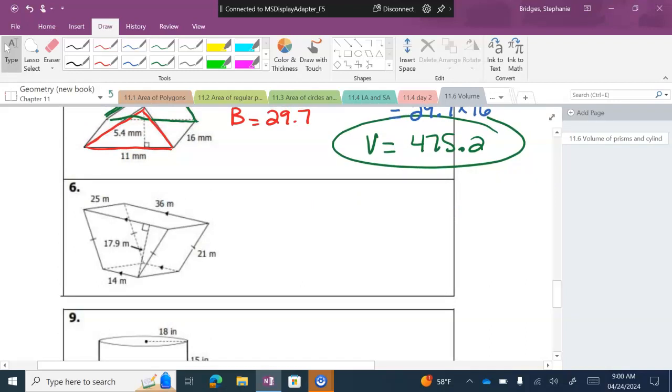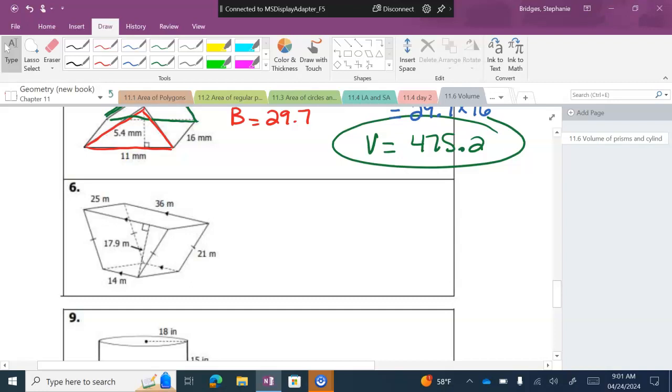Let's take a look at 6. I'm going to try to break this one down for you by drawing it separately, see if that helps. What shape is that at the front? It looks like this. Yes, trapezoid, okay?